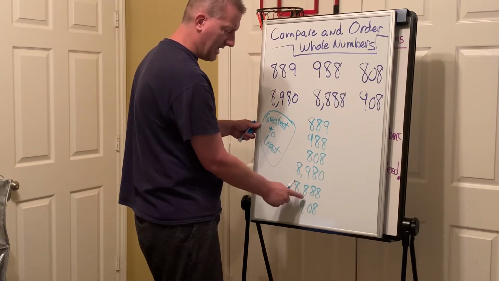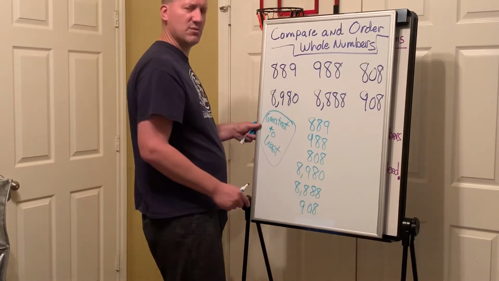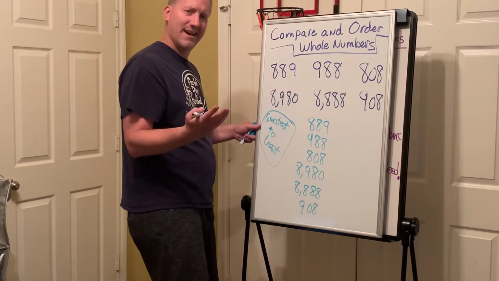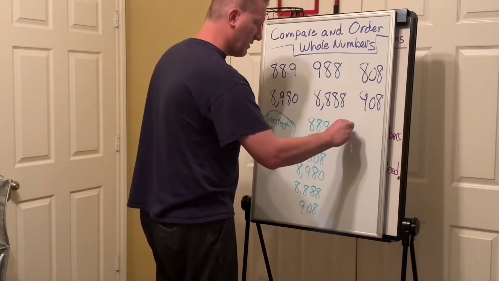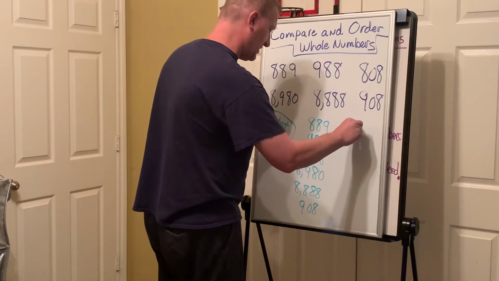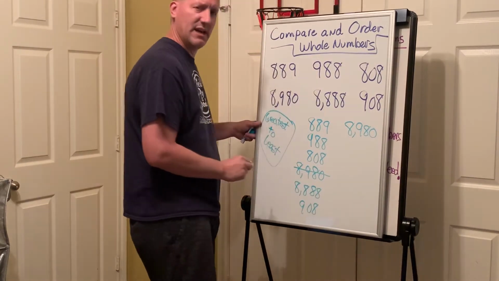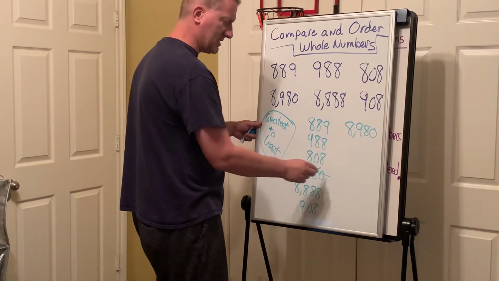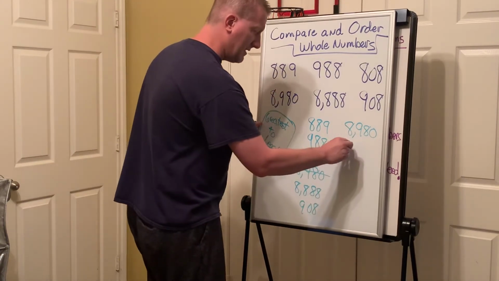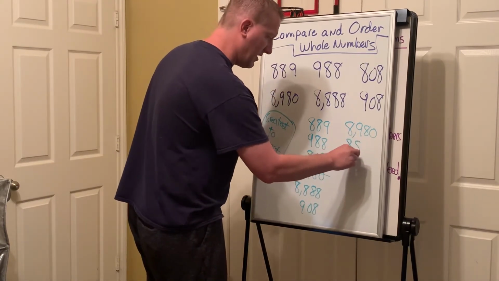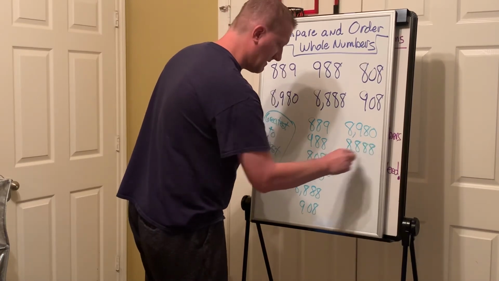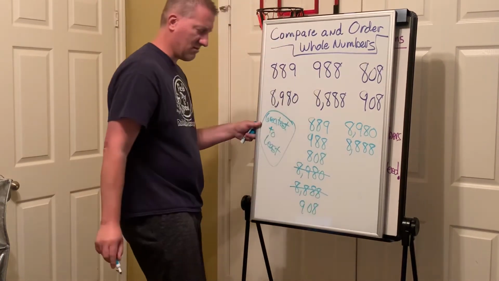So this is a 9, this is an 8. Which one's greater? Yeah, 9 is greater. So it will be this one first. So I'm going to cross it out once I write it over here. And then this one is going to be our next one. And I'm going to cross that one out.